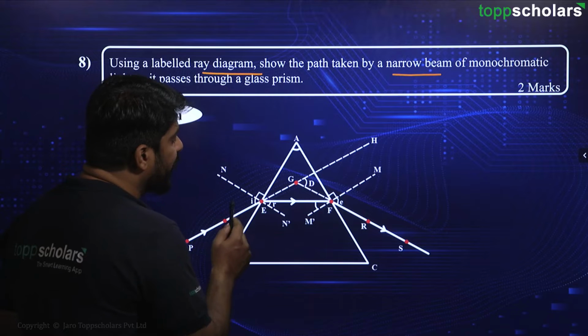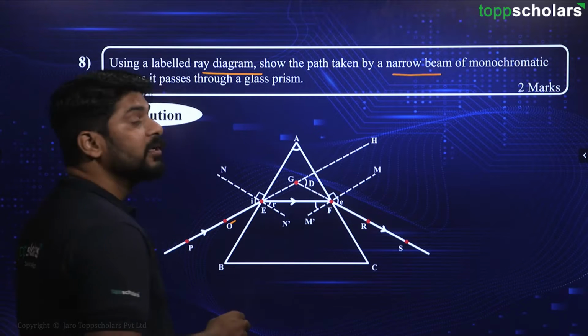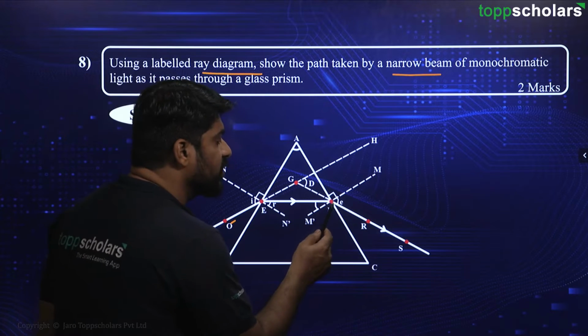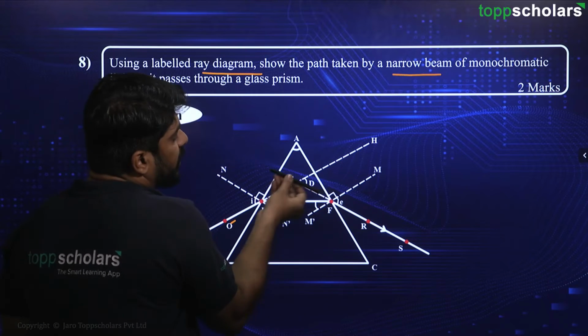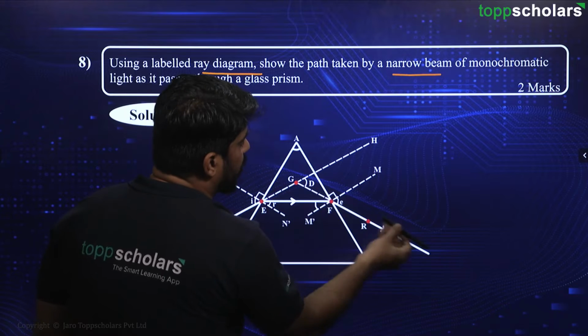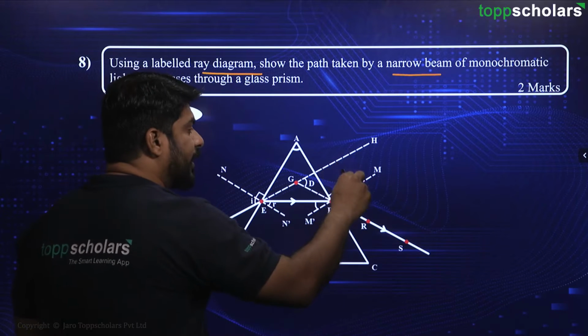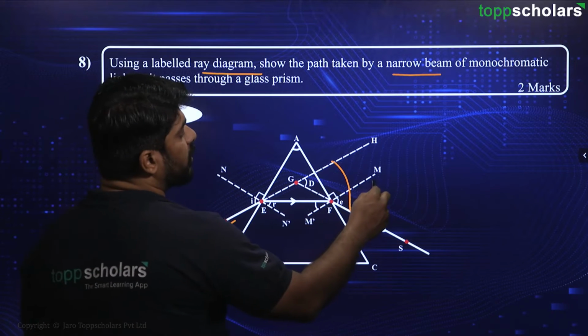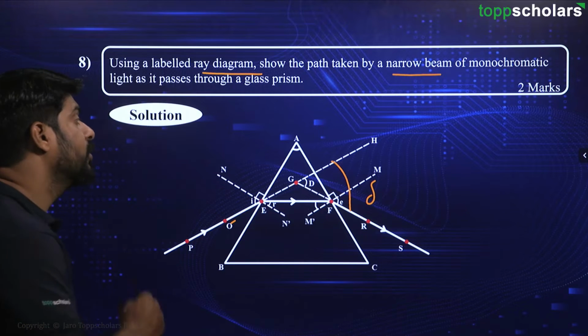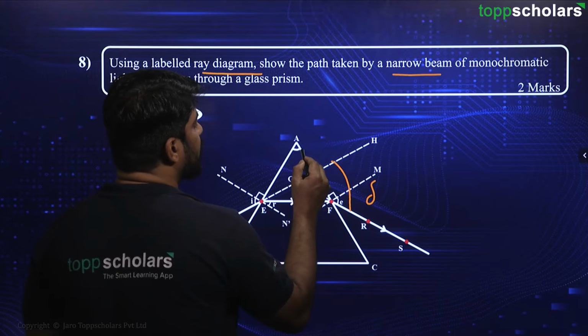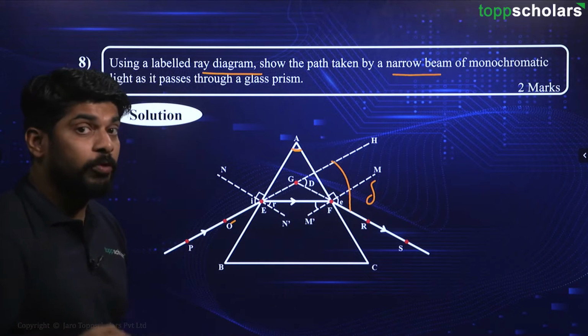Here I is the angle of incidence, R is the angle of refraction, and E is the angle of emergence. And you can see this is the original path and this is the final or emerging path. So the angle between these two is nothing but the angle of deviation. This is called the angle of deviation. And here this angle is called the angle of prism.